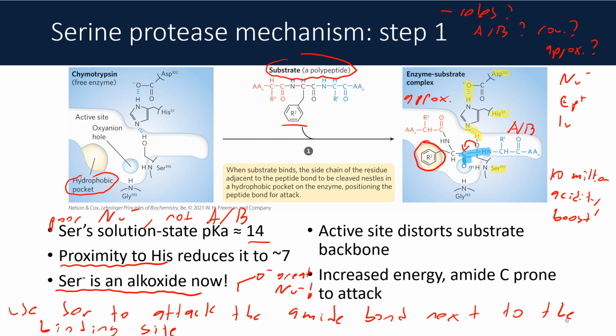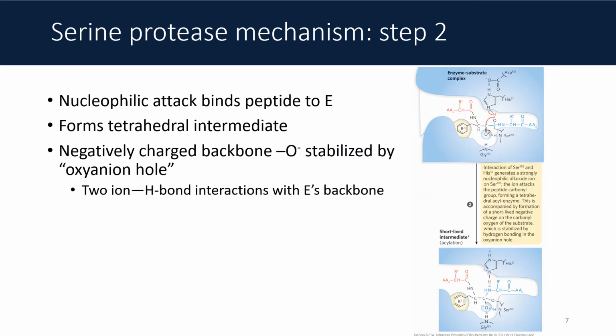If you can get this down, it's all downhill from here, I promise you. So that previous step we just showed you was all prep work. Now in the second step, we're going to be conjoining our substrate peptide to the enzyme's active site serine through acid-base catalysis and covalent catalysis.